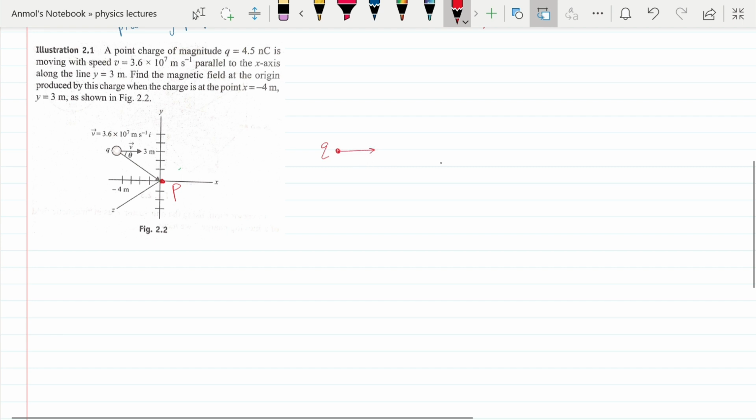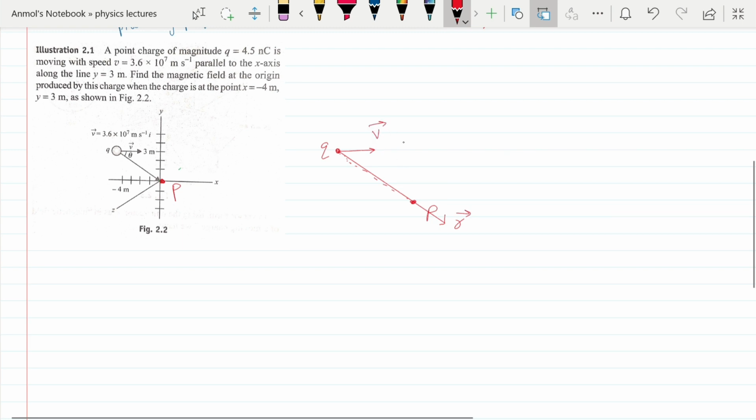This is the x-axis and your point of interest is located at this point. This is your P. Let's take a vector here. That vector is R vector. So this is vector R and this is vector V.